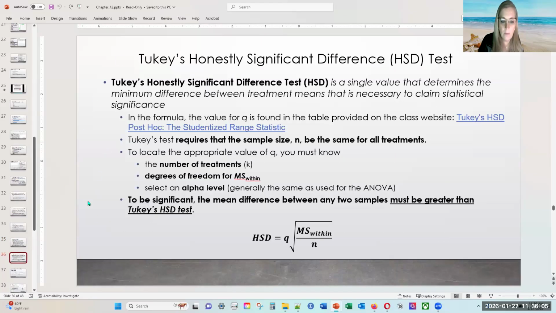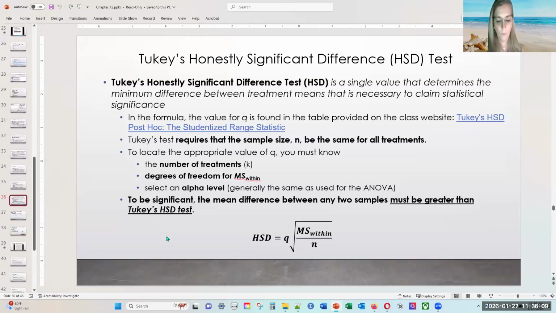There are several different kinds of post hoc tests that you can perform. One of them is Tukey's, and the long name for it is Tukey's Honest Significant Difference test. It's a single value that determines the minimum difference between treatment means that is necessary to claim statistical significance.